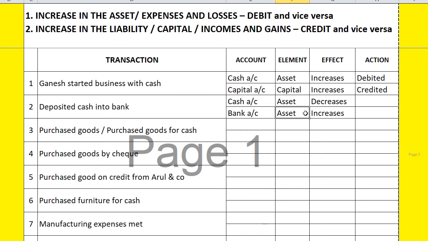Bank account, asset increases. To make it easy for you, we have already seen that when cash increases, we debit it. When cash decreases, what should we do? Yes, credit. Obviously, the next one is debited. Hope you understand.